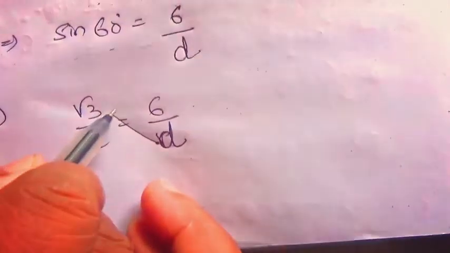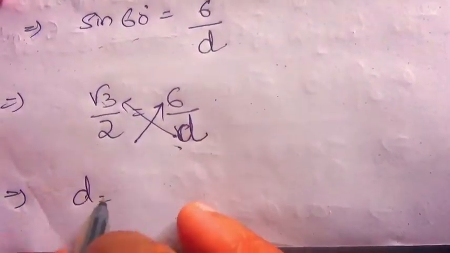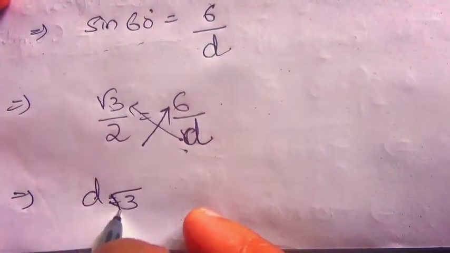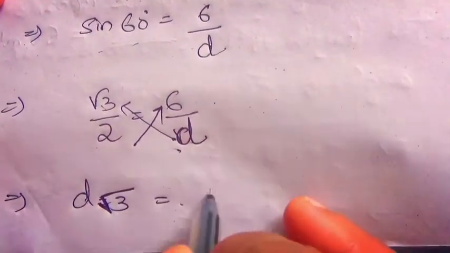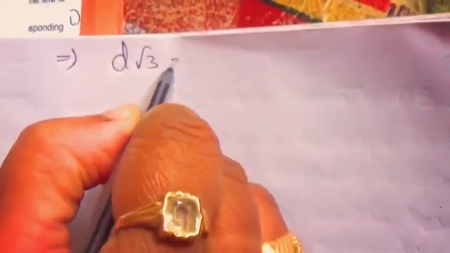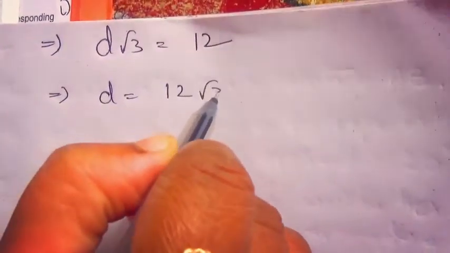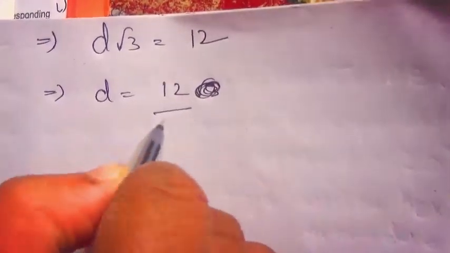So by cross multiplication you will get d into root 3 is equal to 6 into 2. That implies d root 3 is equal to 12. That implies d is equal to 12 by root 3.